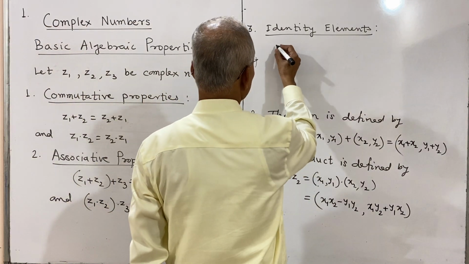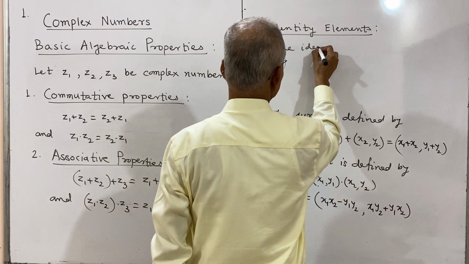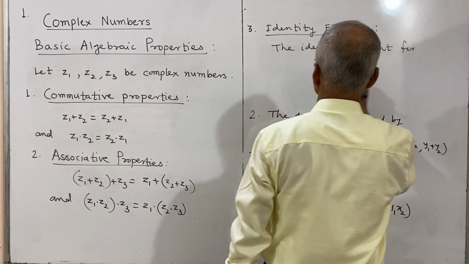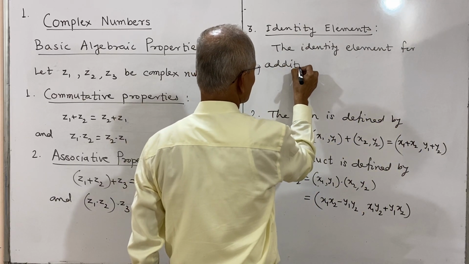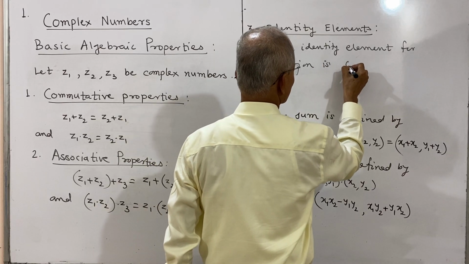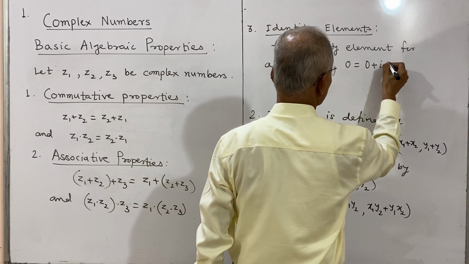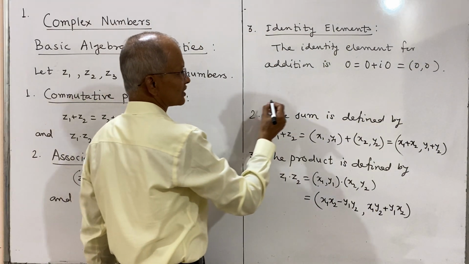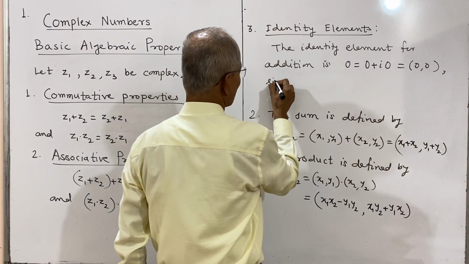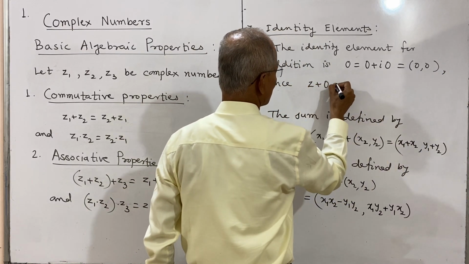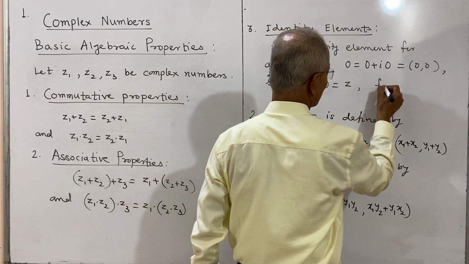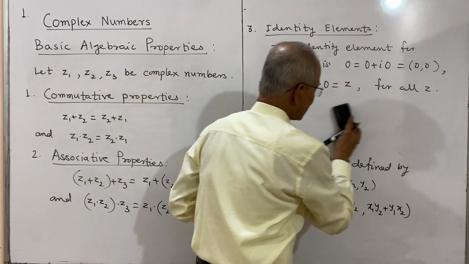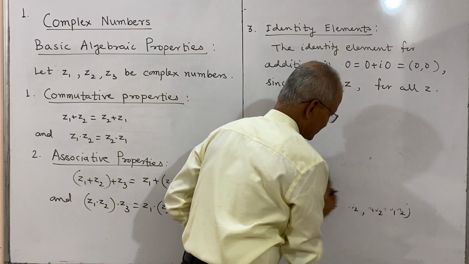The identity element for addition is 0, or which is 0 plus i times 0, or which may also be denoted by (0, 0), since z plus 0 is equal to z for all z, and easy to verify.